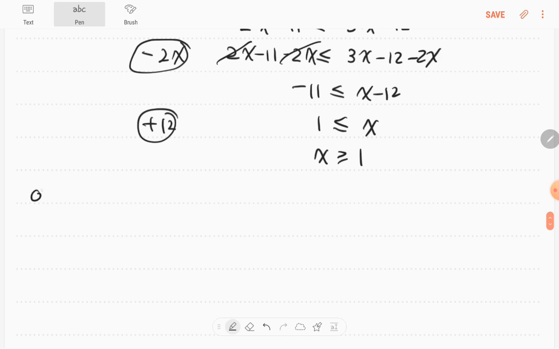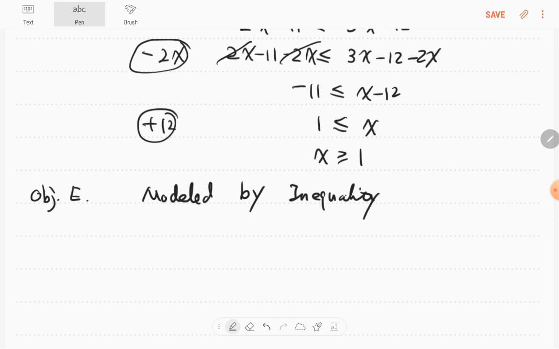Alright, so the last objective is to solve problems modeled by inequality. So we have some phrases like at least, at most.